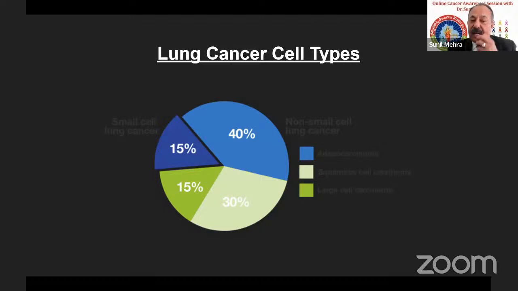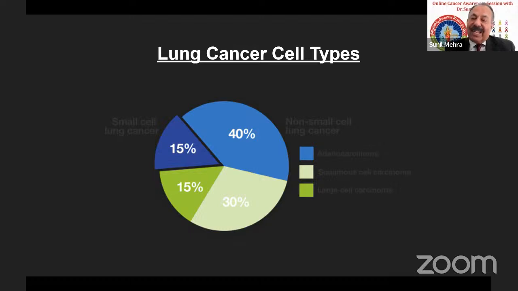So these are the lung cancers. The most common lung cancer, 40%, is what we call adenocarcinoma, and this is the most common type of cancer. Then 30% is your squamous cell carcinoma, 15% is large cell cancer, and 15% small cell.